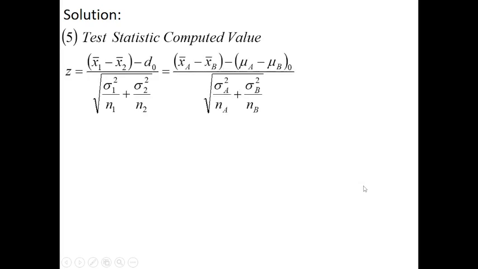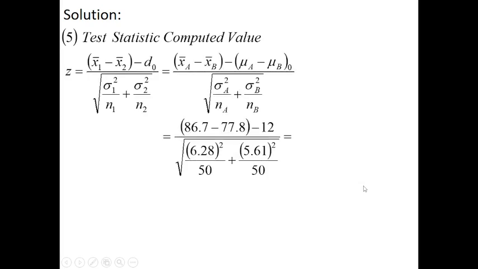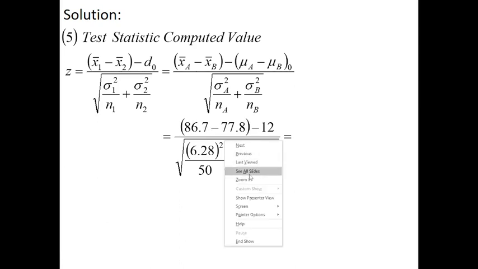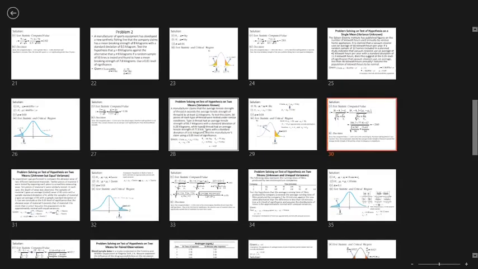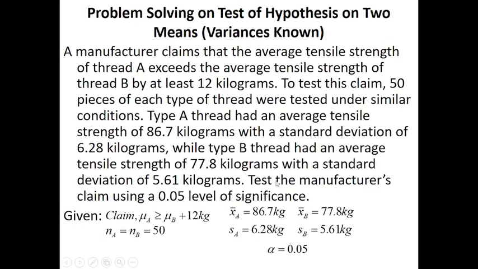Alright, so we continue. We have here 86.7 for thread A, and then for thread B, 77.8.